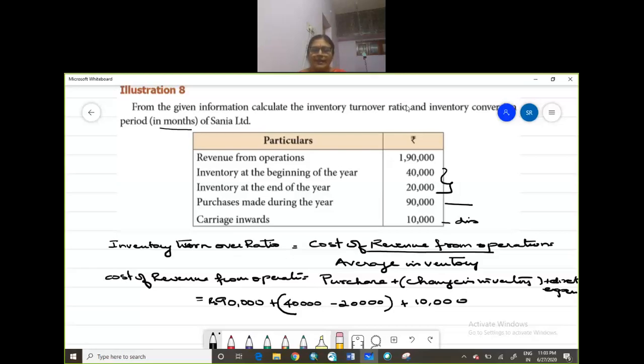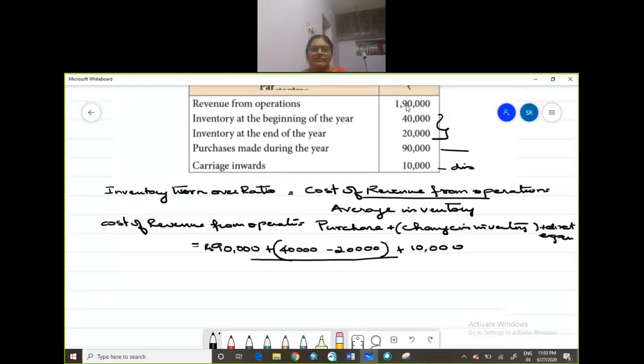divided by average inventory. Now how to calculate average inventory? Average inventory is opening plus closing divided by 2.